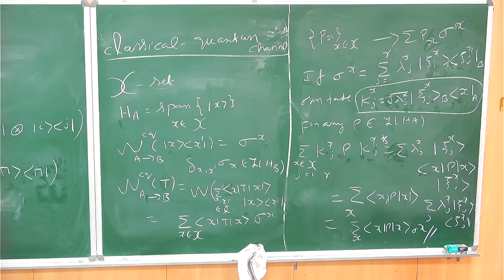You know this: 1 tensor x of gamma is the same as x transpose tensor 1 of gamma. This is something we have noticed. So this will imply that if u is unitary, then 1 tensor u gives u transpose.